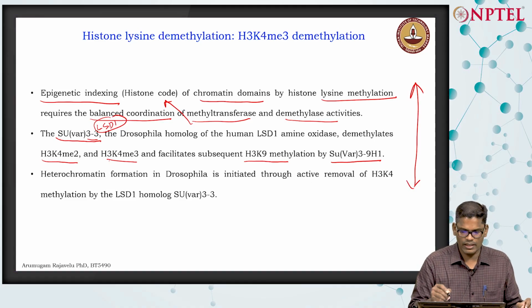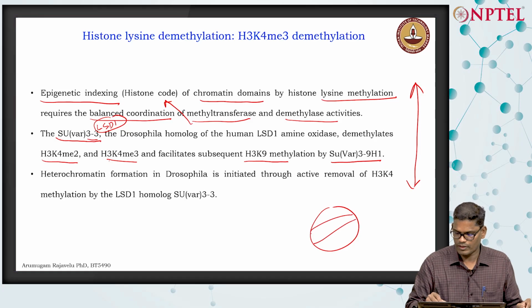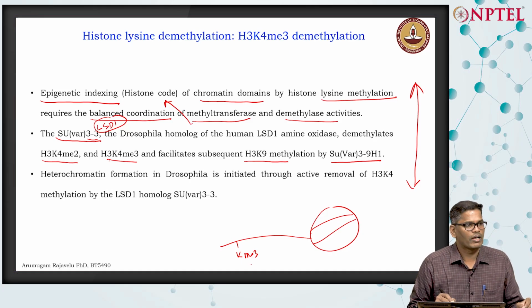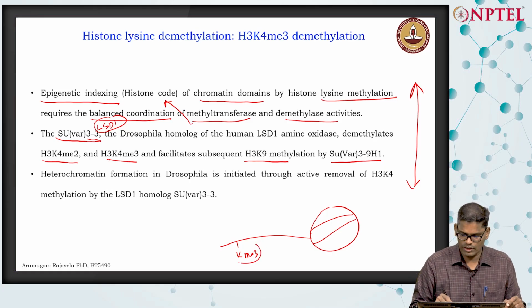In these particular positions, you have K4 Me3, which is a gene activation mark. When a particular gene needs to be converted to the repressive state, what happens? LSD1 comes and then demethylates.